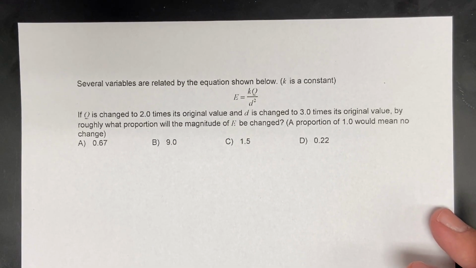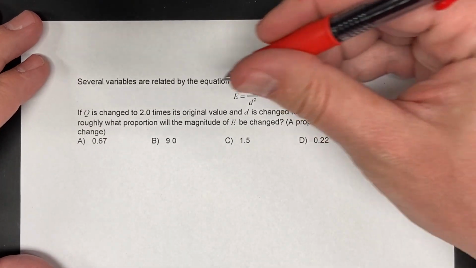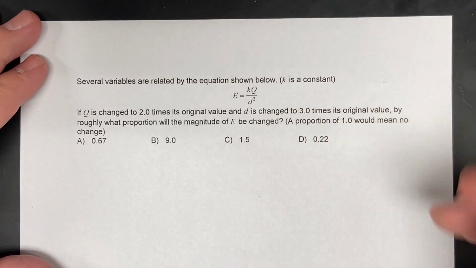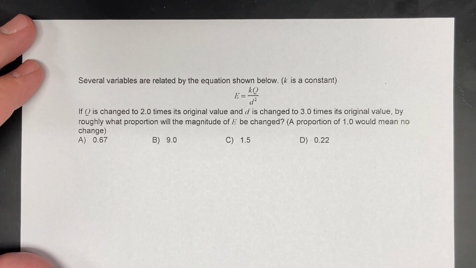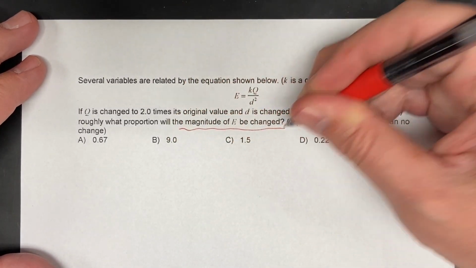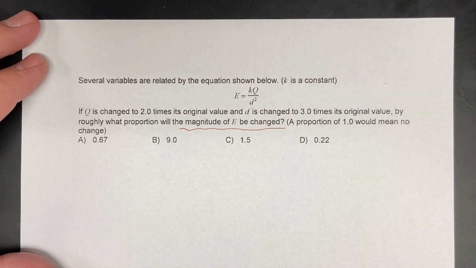Next up, we can look at how to determine proportions, where if we make changes to variables, what will happen to the other variables in the equation. And what we're being asked here is, what is the change, not what's the new value, but how much would it be changed?